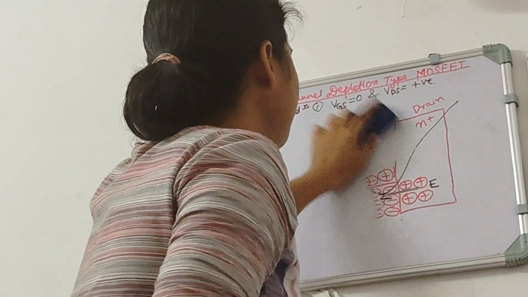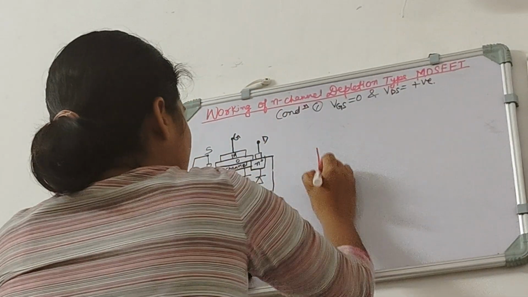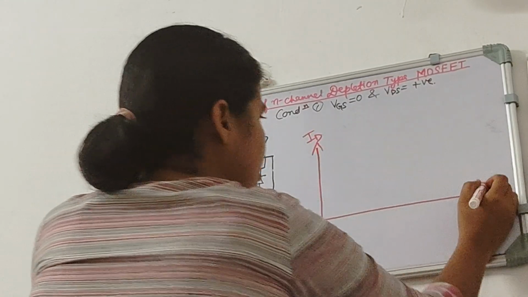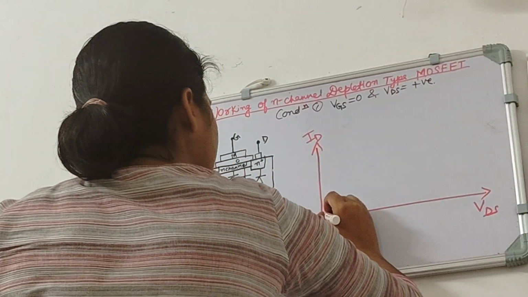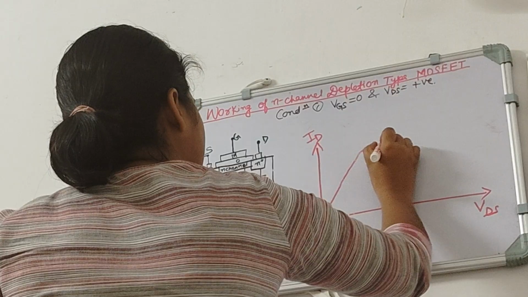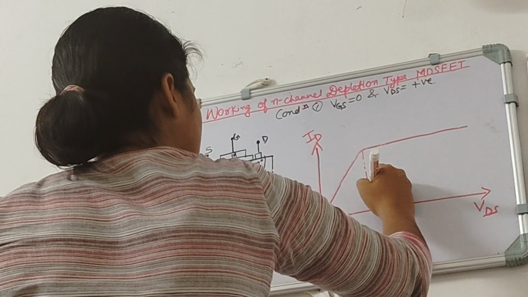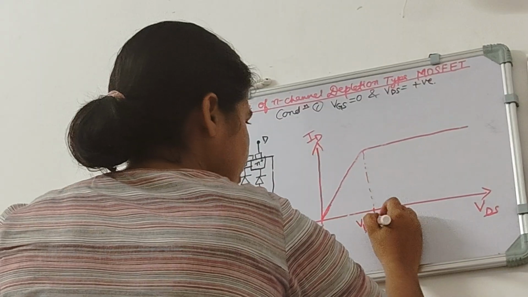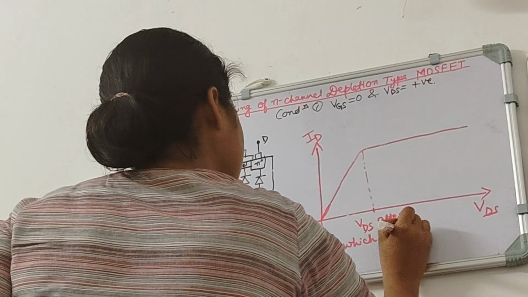So if we draw the curve for ID versus VDS, where ID is our drain current and VDS is this voltage, we will see that up to some extent it will increase, but after a certain VDS it will get saturated. So here is the VDS after which the current won't increase.